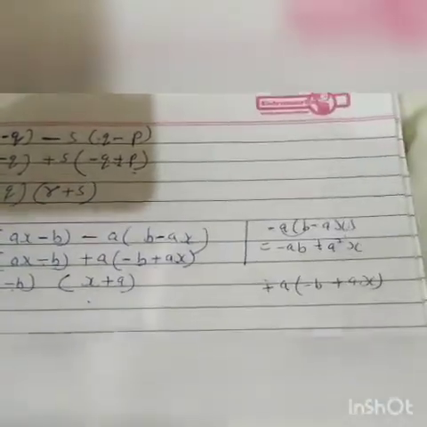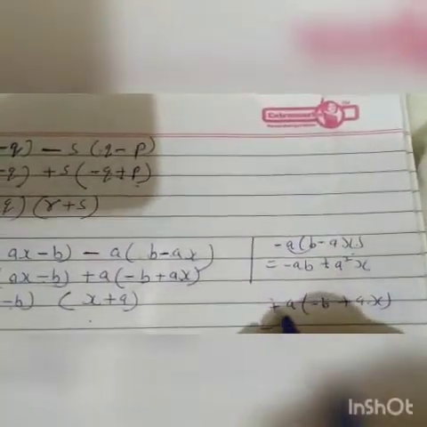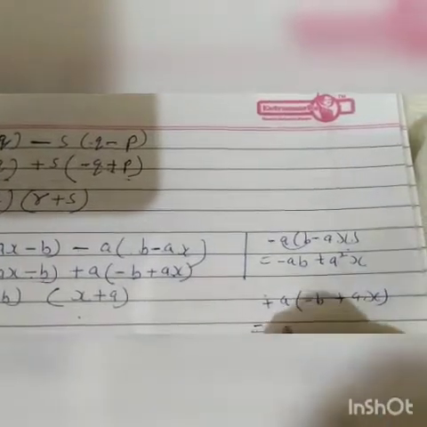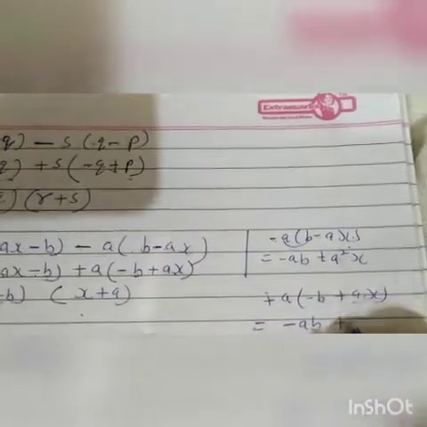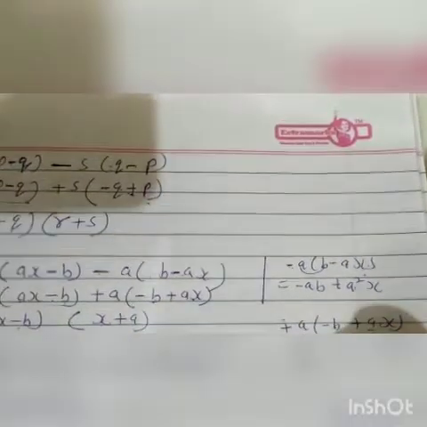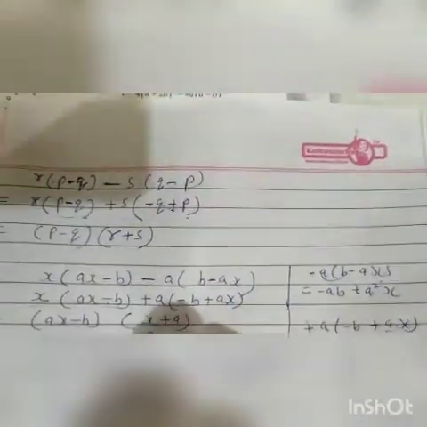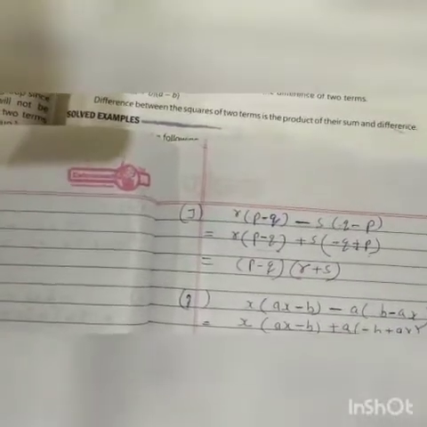See, if we multiply, we will get the same. Plus A multiplied by minus B, it will be minus AB. Plus A multiplied by plus AX, it will be plus A square X. Same. So we can do it like this also. As you wish. If you want this one, you can do this one. This is H part. Our first question is completed.